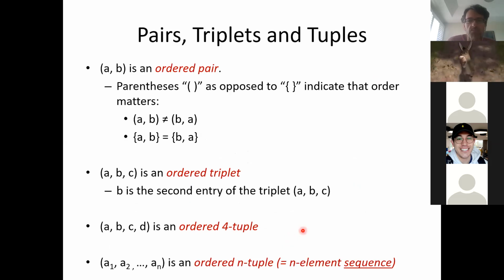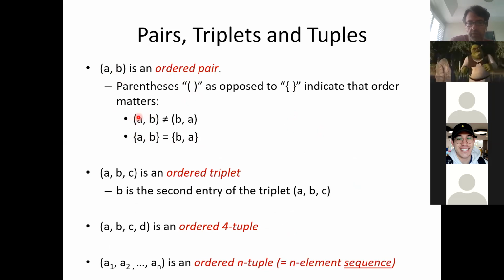Here, sets are not everything. There also, it makes sense to order things. So sets are unordered, and the set of A and B can be written in that way, or it can be written in that way, and it doesn't matter. With round parentheses, we denote ordered sequences, and here are just sequences of length 2.